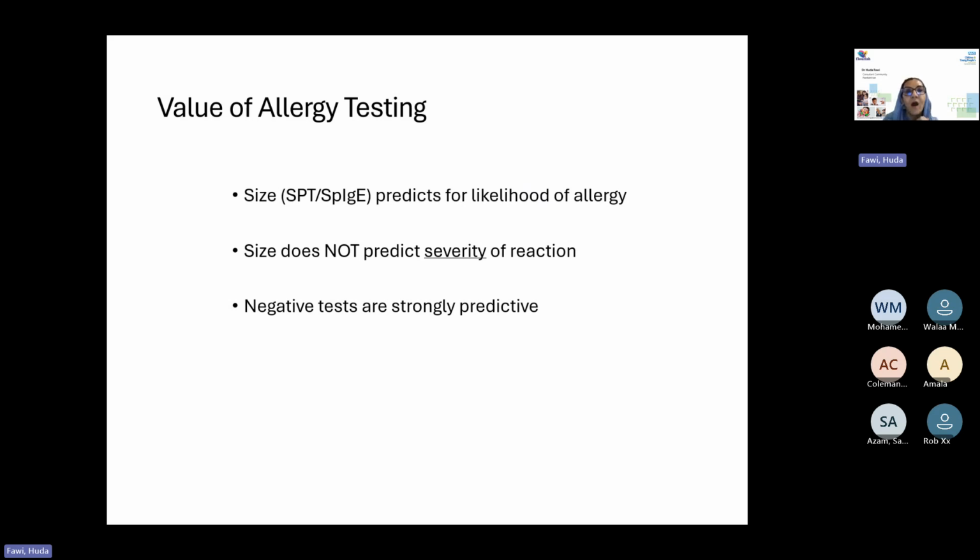So if we've got a high skin prick test of, for example, 10 by 10 millimeters, it doesn't tell me that this child will have anaphylaxis. It just tells me that he's sensitive. Or a specific IgE of, for example, 14, just tells me that this child is sensitive, but it does not predict the severity of the reaction.